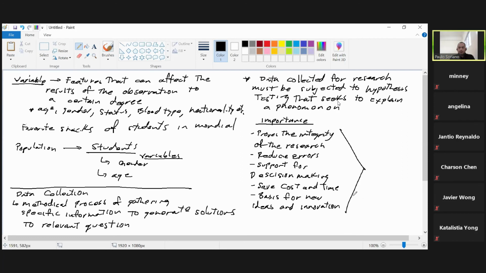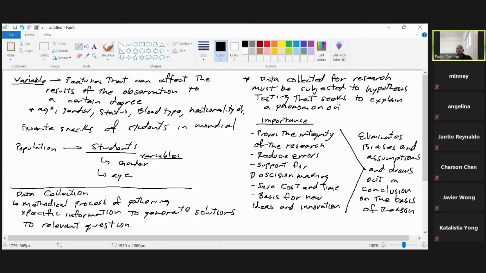So basically, all of this is pointing to hypothesis testing: it eliminates biases. Okay, this is very important.